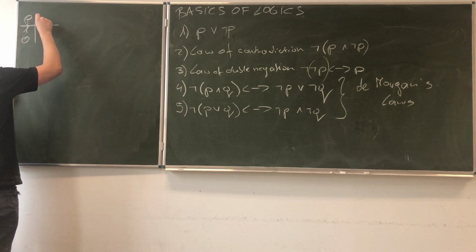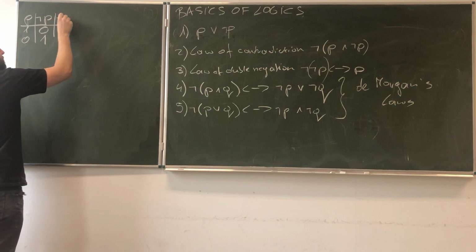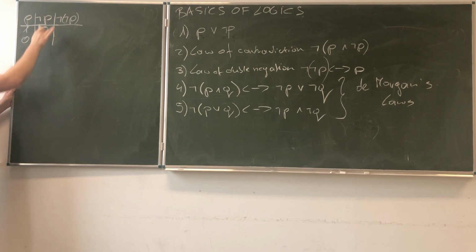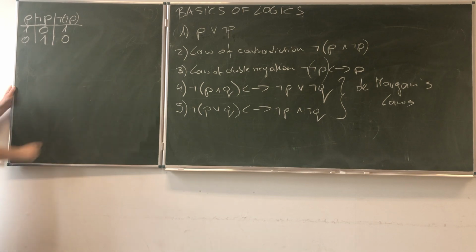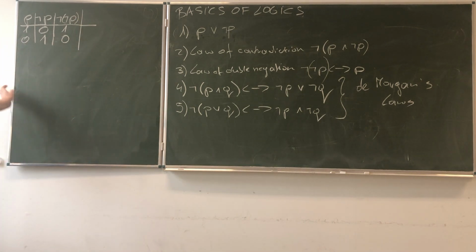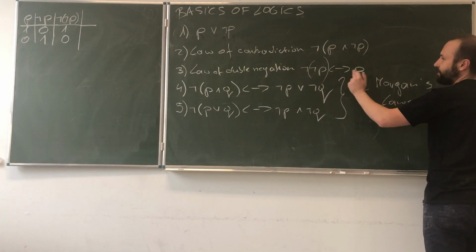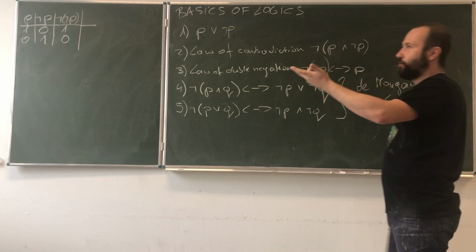Not P is, if P is truthful, then not P is false. So look, we simply negate whatever we've got here. So if not P is false, this is true, this is false. And look, what we will have over here now is that we need to check, because we've got a biconditional, if the logical values over here and over here are always the same.